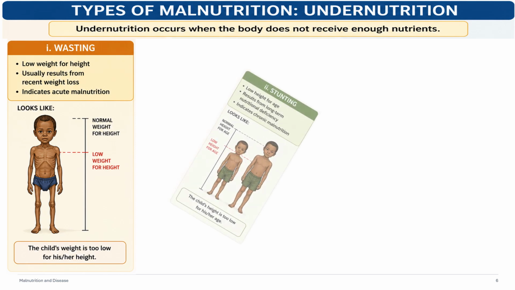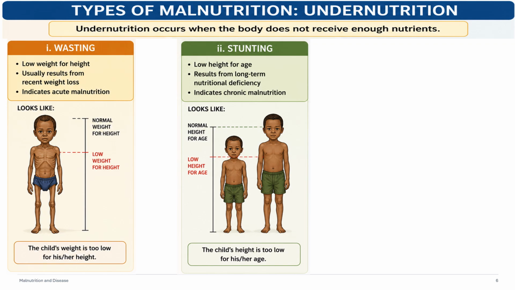Now, the second category of undernutrition is called stunting. Stunting is generally referred to as low height for age. That is, the child's height is too low for his or her age. So when a child is shorter than expected for their age, this condition is called stunting.